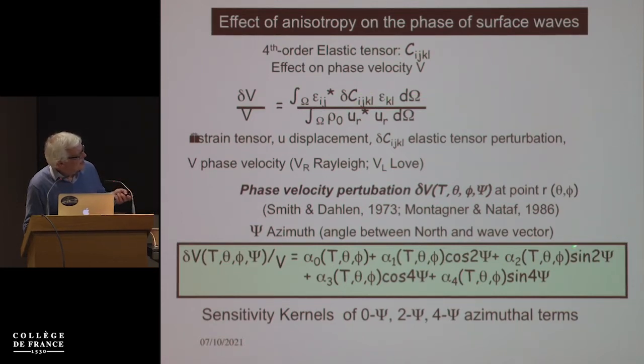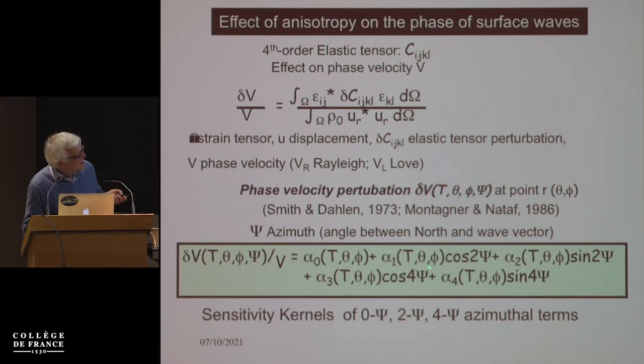But finally, we come up with this simple expression where, for phase velocity of surface waves, but also for group velocity, we do a Fourier expansion of the phase velocity as a function of the azimuth. Azimuth is the orientation of the path between source and receiver, and we have different azimuthal terms, 5 azimuthal terms.